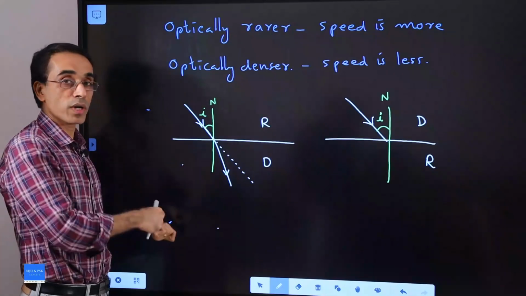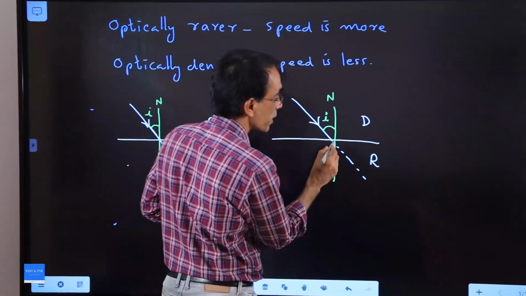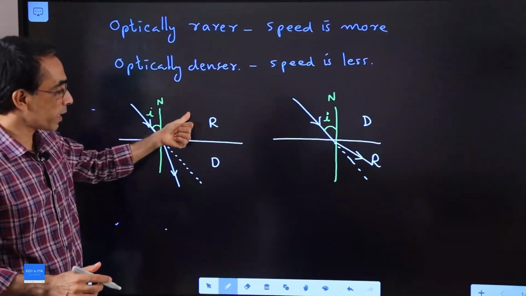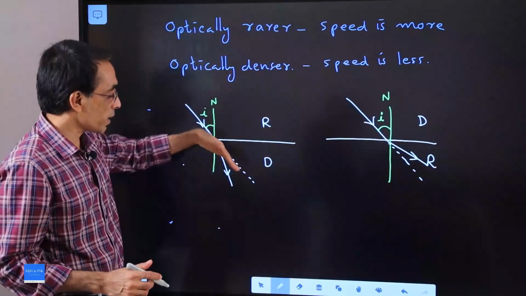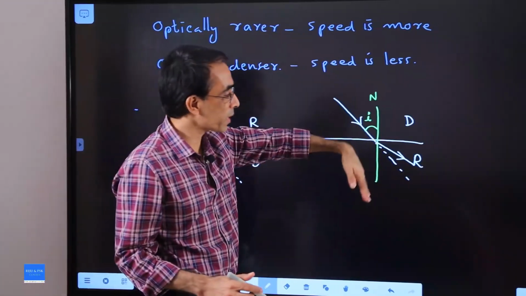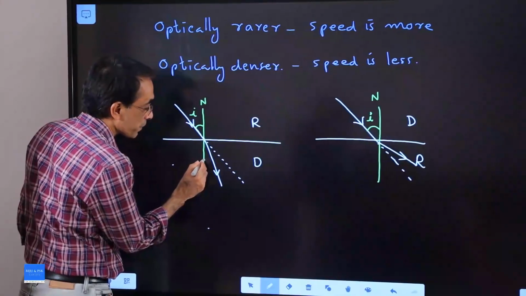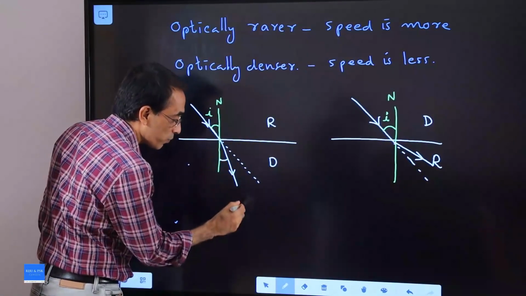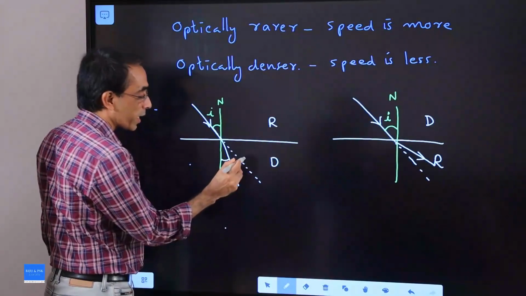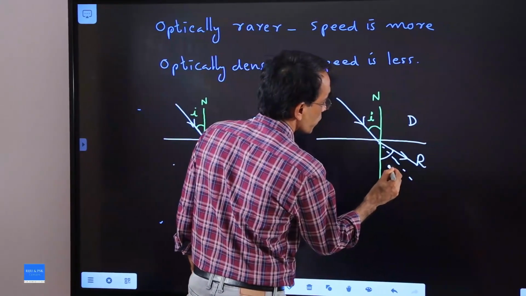In this other case the light will not go straight, rather it will bend away from the normal. Going from rarer to denser medium, light will bend towards the normal. Here it will bend away from the normal, and the angle made by the refracted ray with the normal is called angle of refraction, and here you can see angle of refraction.